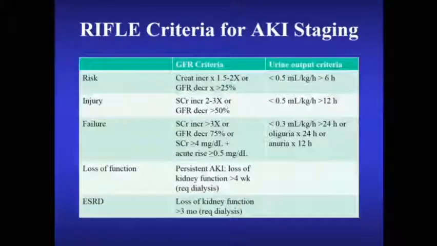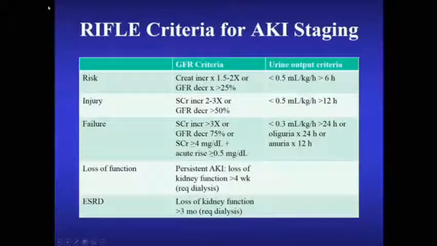All right, so I can quickly go through these next couple slides. I just want to make you aware that there are some staging criteria for acute kidney injury. This is called Rifle criteria, and then the next slide is called KDIGO criteria. And for the most part, this has not really caught on for the clinical care of patients. It's been used primarily to identify different classes of patients for studies.